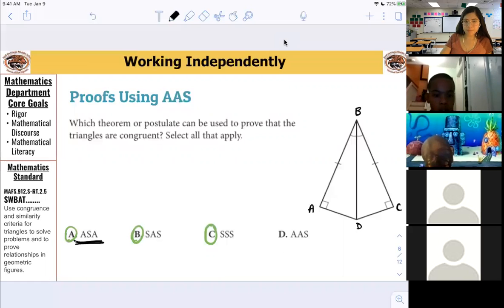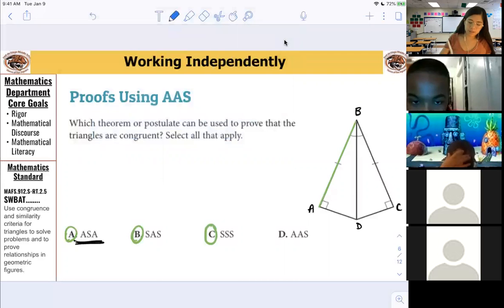For AAS to work, can we do side AB and then angle D? I don't think that's going to work. Never mind, because we don't know anything about that one.